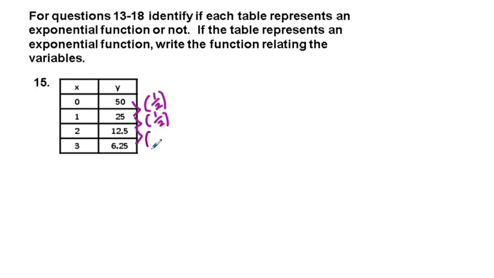And finally, 12.5 times 1/2 is going to be 6.25. So the common ratio r is equal to 1/2.